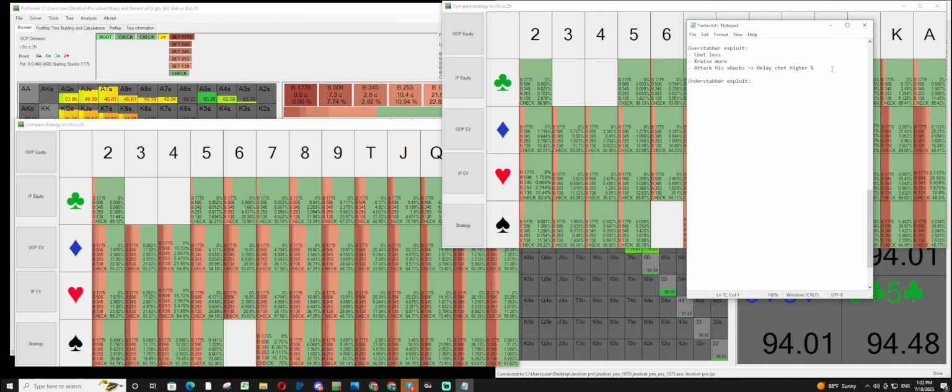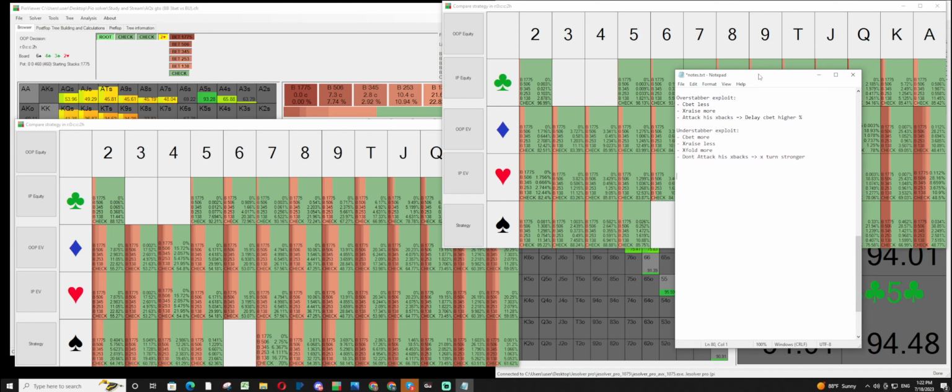And against the understabber, it's probably the reverse. It's c-bet more, check-raise less, check-fold more. Maybe don't attack his check-backs. Check turn stronger. That's it. That's the exploit, guys, in a nutshell.